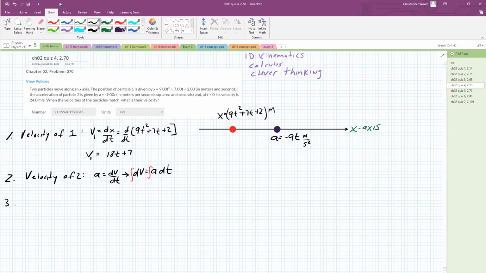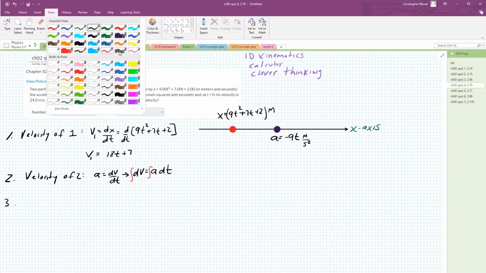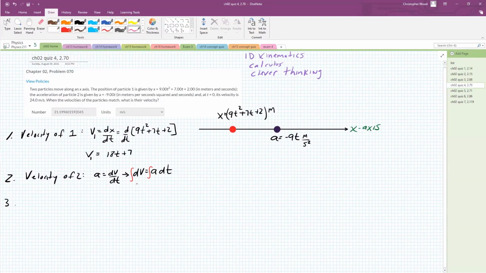And I better specify limits of integration or my boundary conditions. Okay, so this is from some initial velocity to some final velocity, some initial time to some final time. So here we go. I have the integral of dv is v.